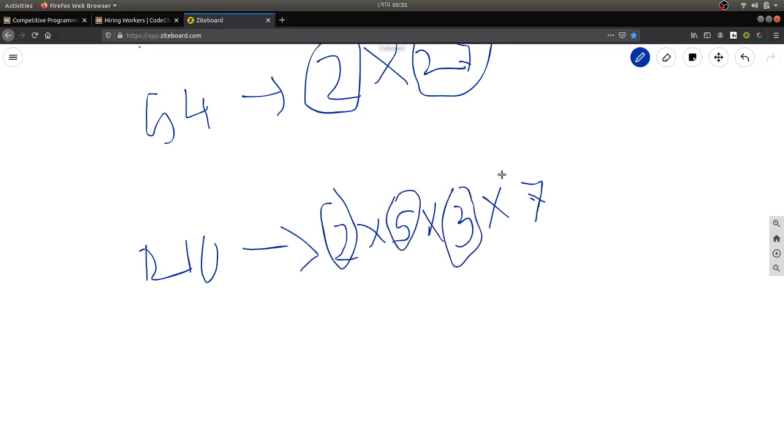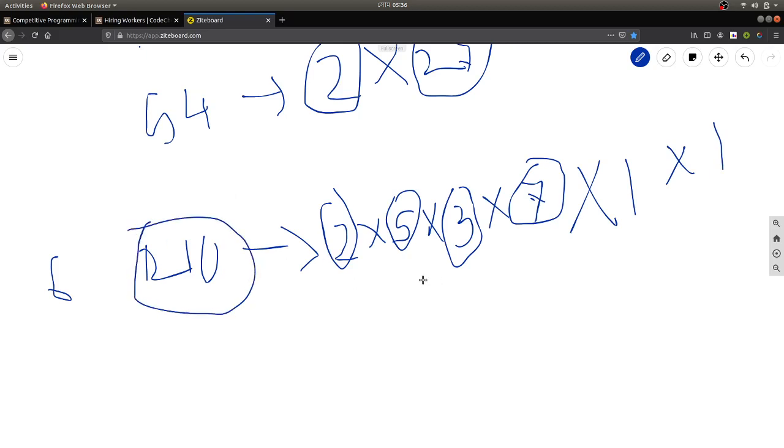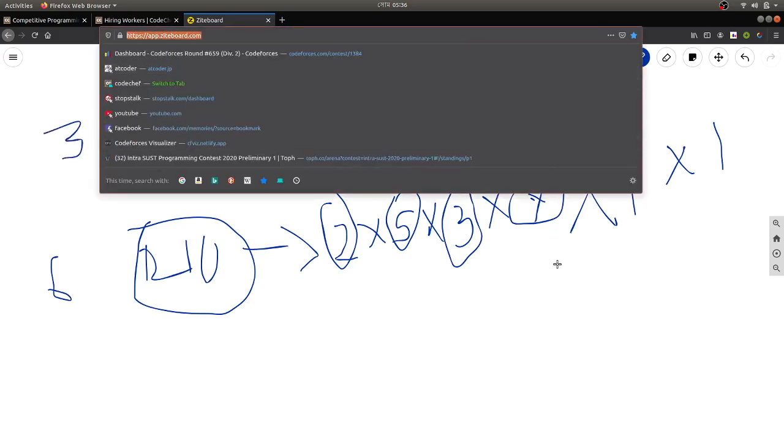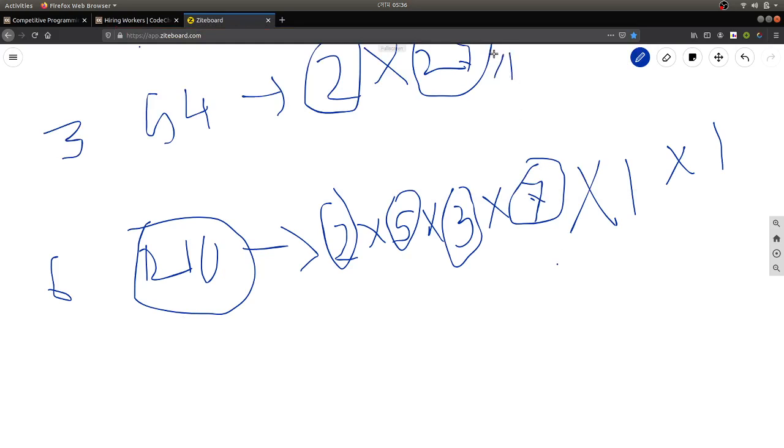Now if we are given that we have to choose 6 numbers so that their LCM is 210, we can just add the additional number as 1. Then the LCM remains 210 and the summation is minimum.